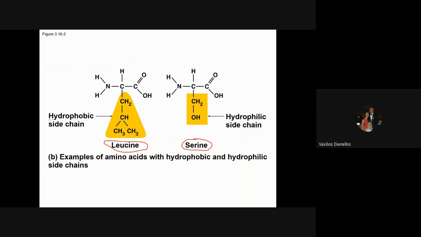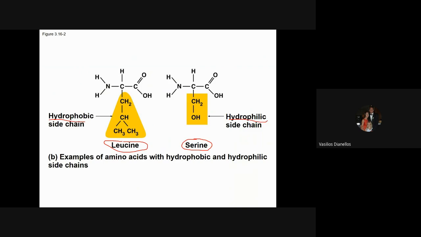This thing is hydrophobic, right? Leucine is hydrophobic. So if you were to mix this with water, if there was a whole line of amino acids, which is what a protein is, then this particular part of the protein would try to stay away from the water because it is hydrophobic. Meanwhile, this part is hydrophilic, so it would be attracted to the water.